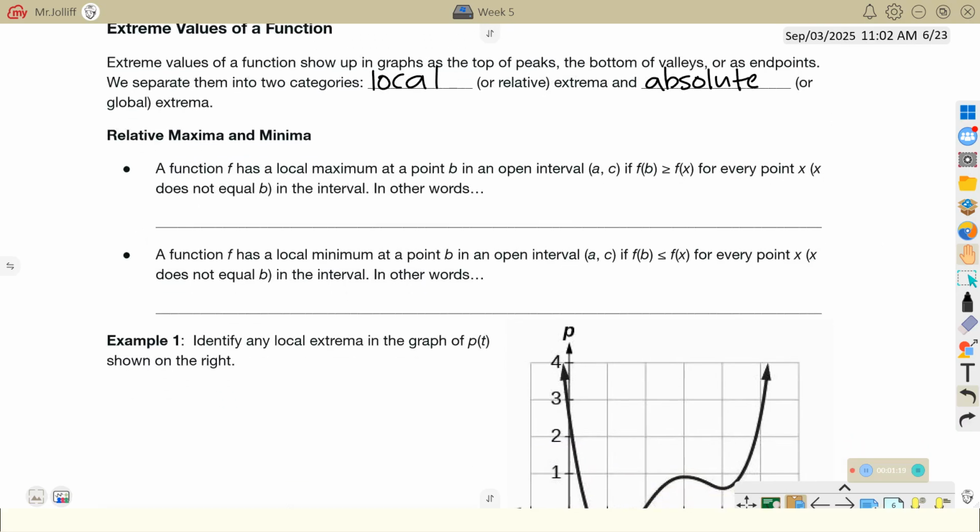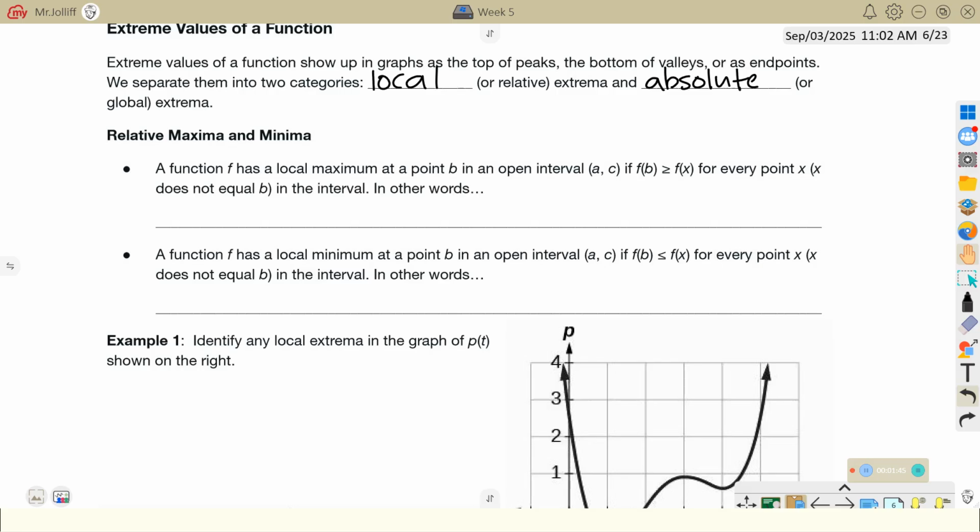So the mathematical definition for a local maximum, we're starting with maximum, is that a function f has a local maximum at point B in an open interval a to c if the function at point B is higher than all of the other function values for every point in that region.